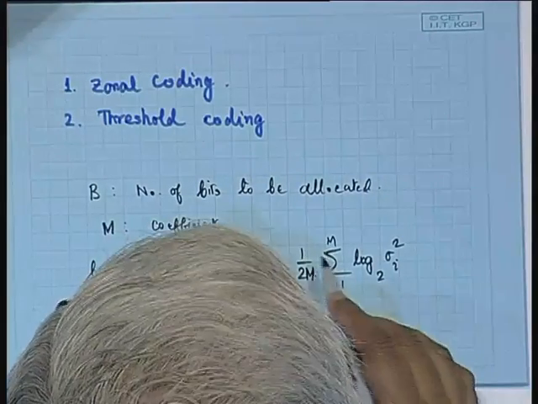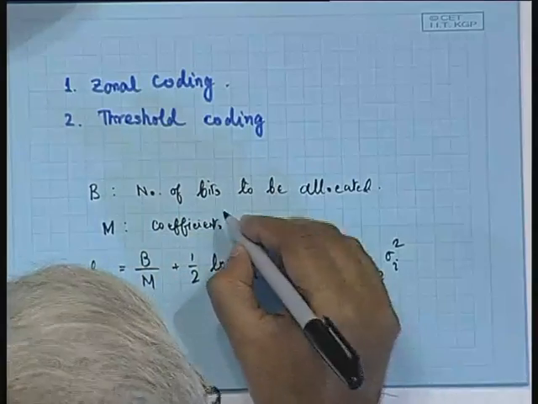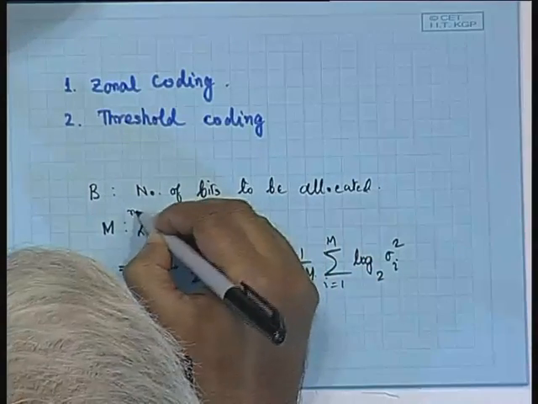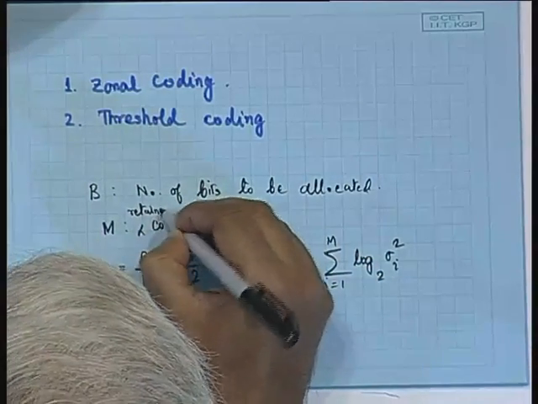So, there are m number of coefficients, or rather m number of retained coefficients.